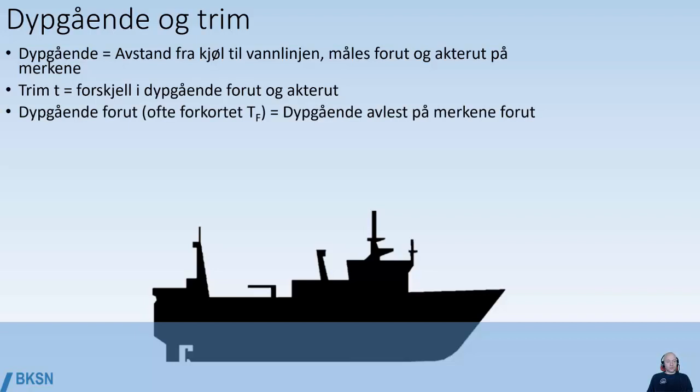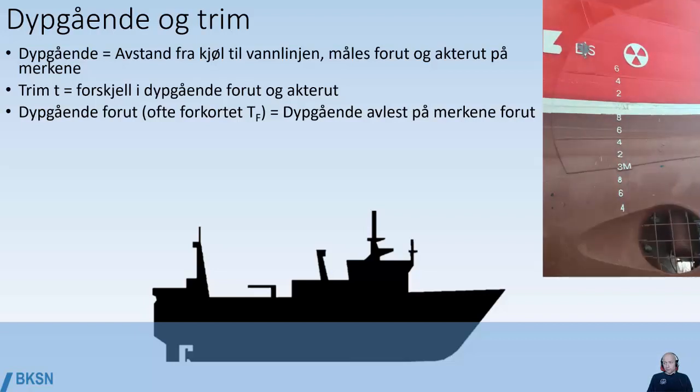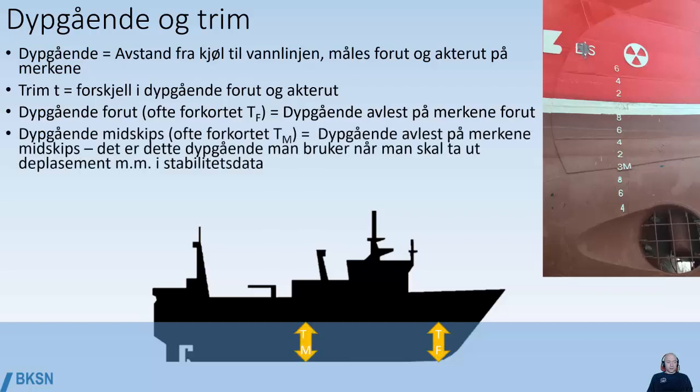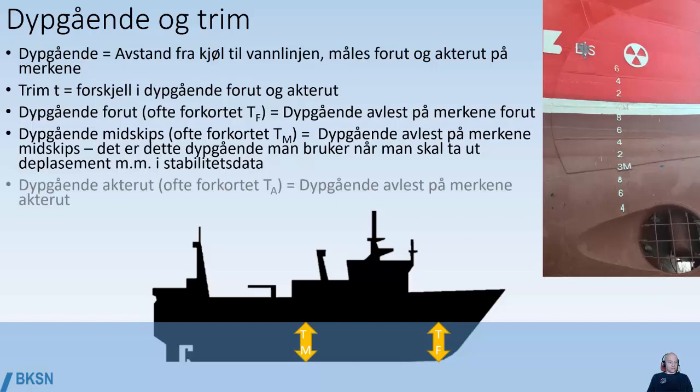Draft forward, often abbreviated TF, is the draft read on the draft marks forward. Draft marks looking like that. You measure it there. Draft midships, often abbreviated TM, is draft read on the marks midships. And that is the draft you use when you're taking out the displacement and other factors from the stability data for the vessel.